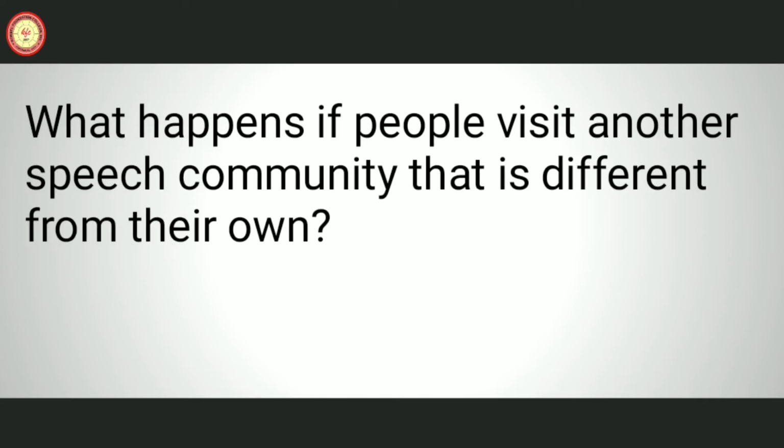So what happens if people visit another speech community that is different from their own? So Americans and British speak English, right? However, they spell English words differently. So that is the same as with our first activity. They pronounce words differently.